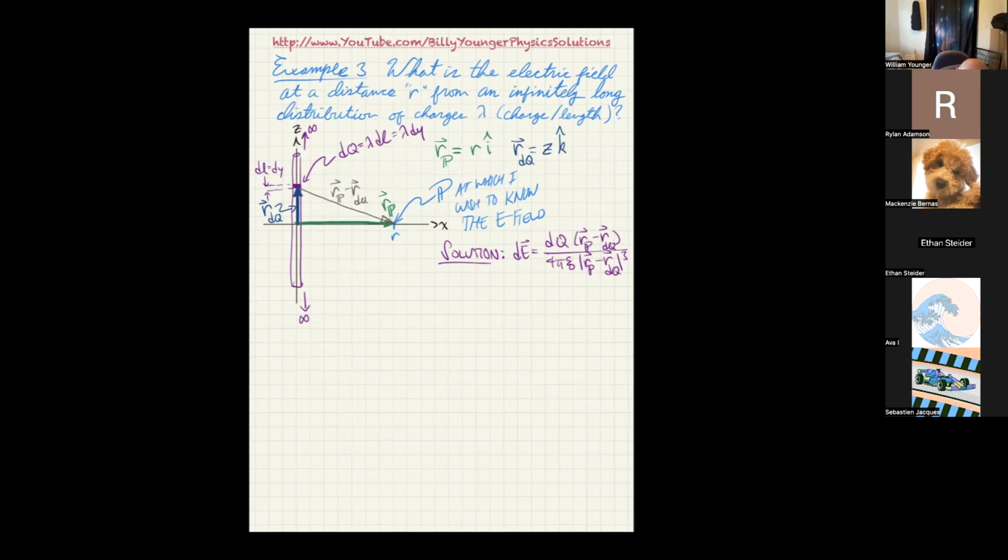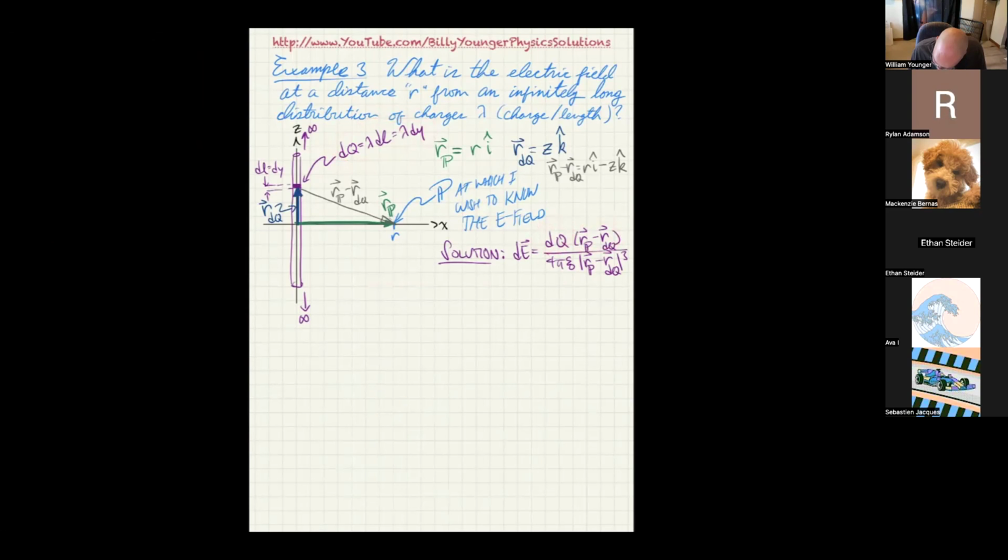And we can now compute that r_P minus r_dq is in fact equal to r i hat minus z k hat. And we now have r_P minus r_dq. So we've got this part right here worked out, because dq is equal to lambda dy.